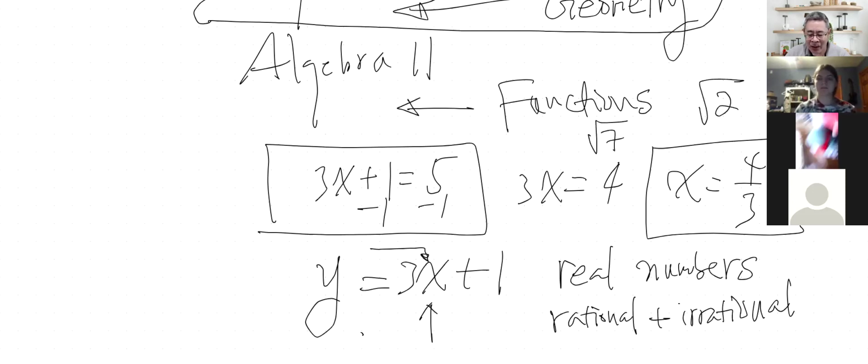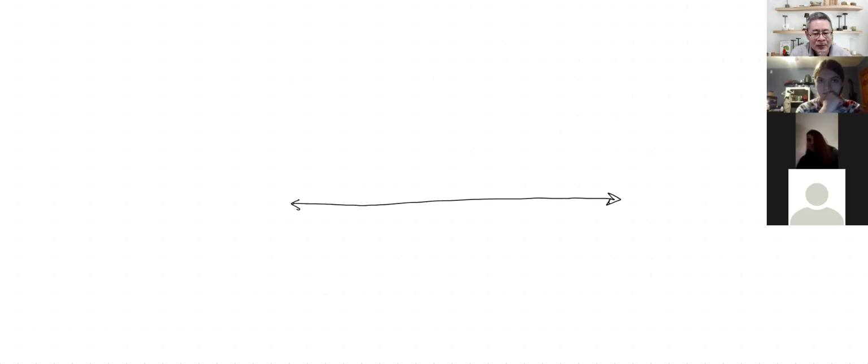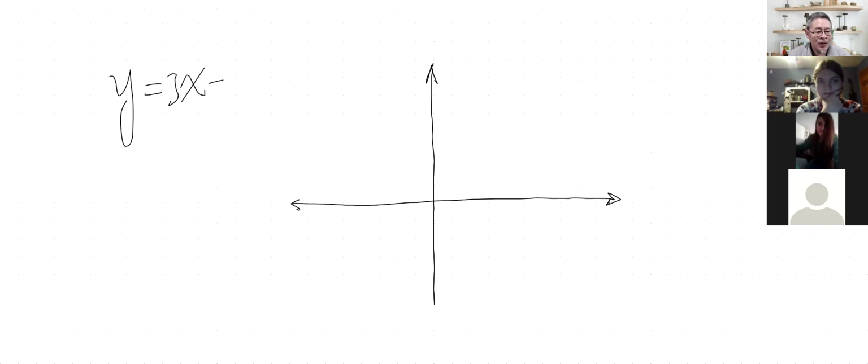So what we have here is the xy coordinate. In the coordinate, if we have a function like 3x plus 1, let's say, we know we start at y-intercept 1, then our slope is 3, so we go over 1, up by 3: 1, 2, 3.